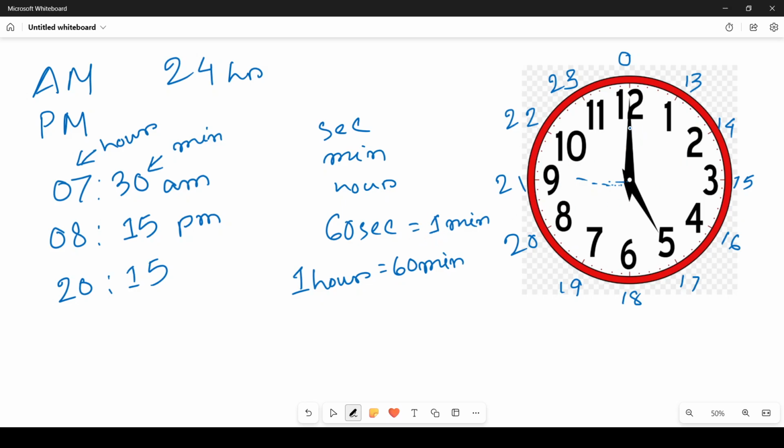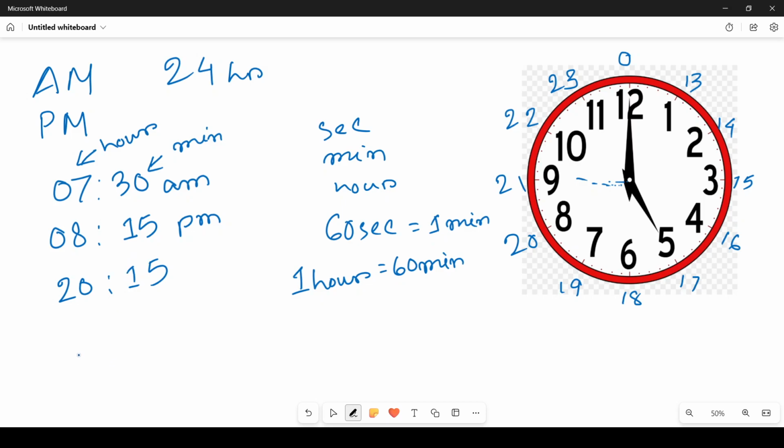And if this minute hand starts from 12 o'clock and completes one cycle and comes back at 12, then this hour hand will move from 5 to 6, so that will be 1 hour, right? So obviously they are in different units. Different units, we cannot add and subtract. We must add and subtract the same units first.